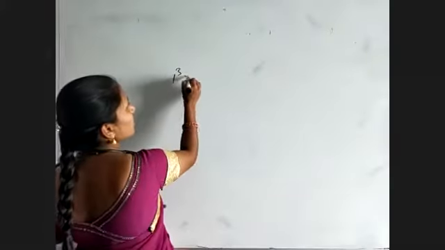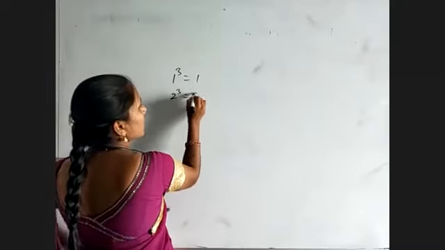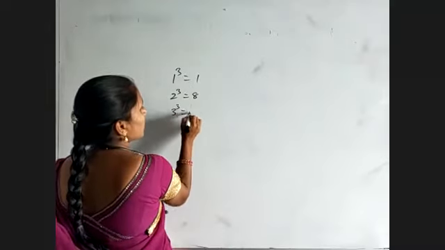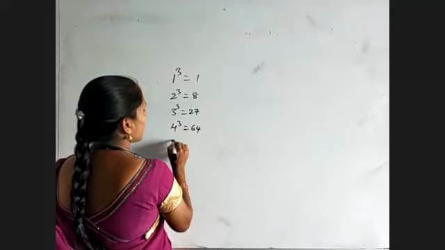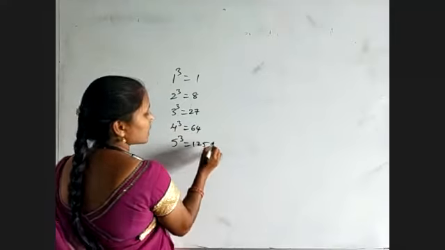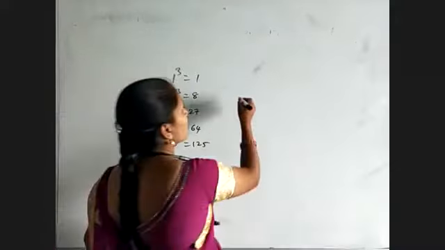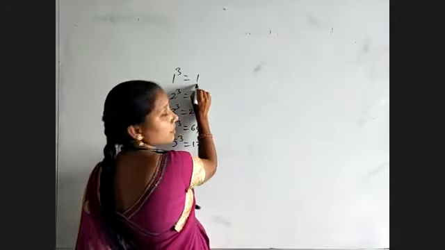Same here also, cube root is nothing but the inverse operation of a cube value. Suppose 1 cube is equal to 1, 2 cube is equal to 8, 3 cube is equal to 27, 4 cube is equal to 64, 5 cube is equal to 125, like this, etc. Now, cube root means the inverse of this.